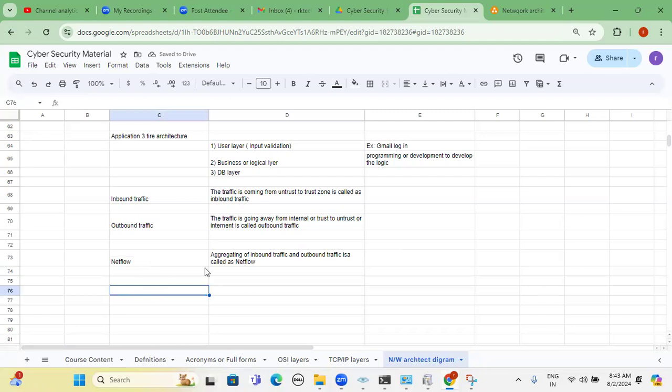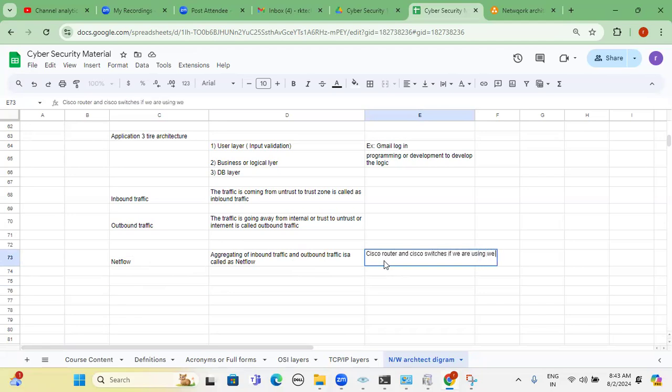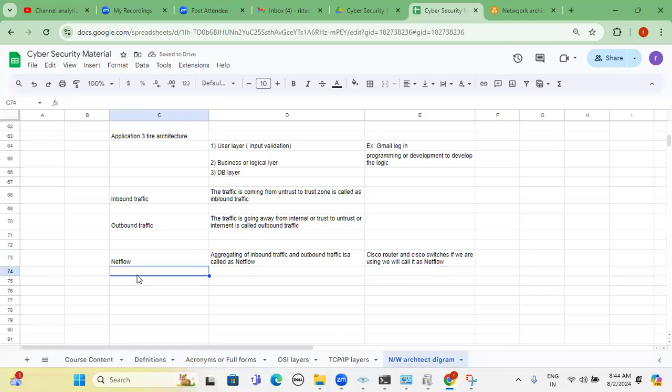Once again, if we are using Cisco routers and Cisco switches, we call it net flow data. If we are using Juniper routers or Juniper switches, it is J-Flow data.